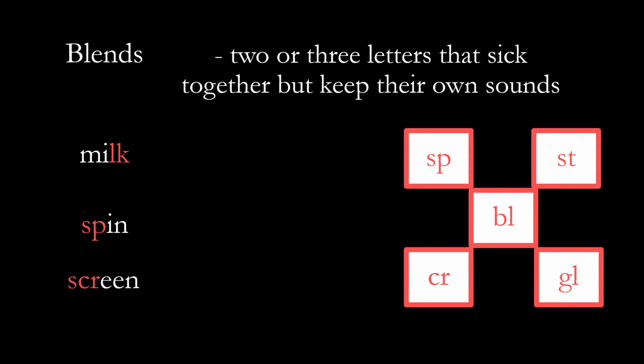We even have blends that are 3 letters, like screen, screen. You can understand maybe why they call them a blend, because it sounds like their sounds are blending together.